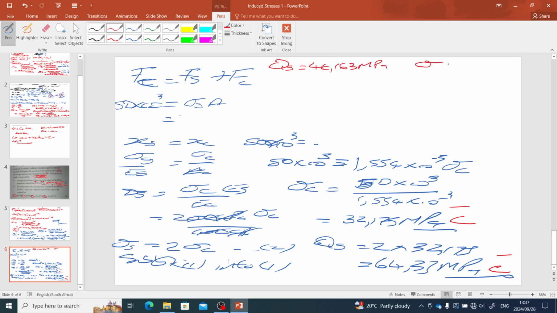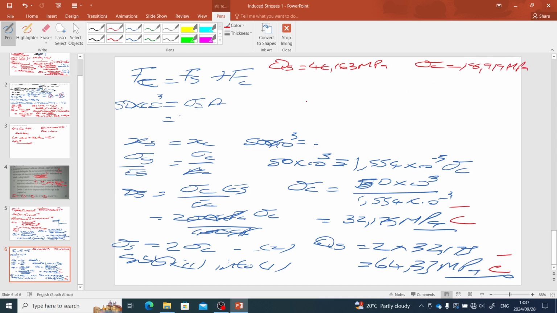Then we had stress copper as 18,919 megapascal.